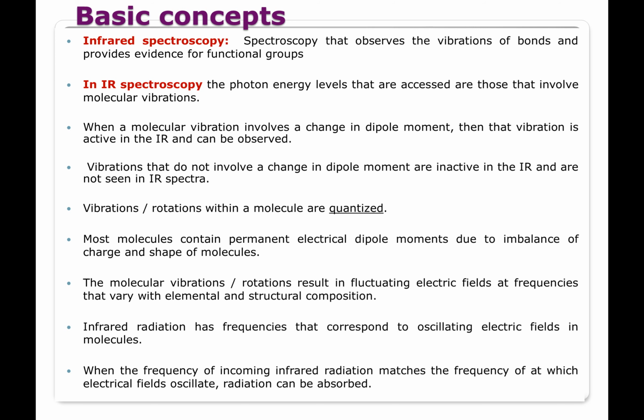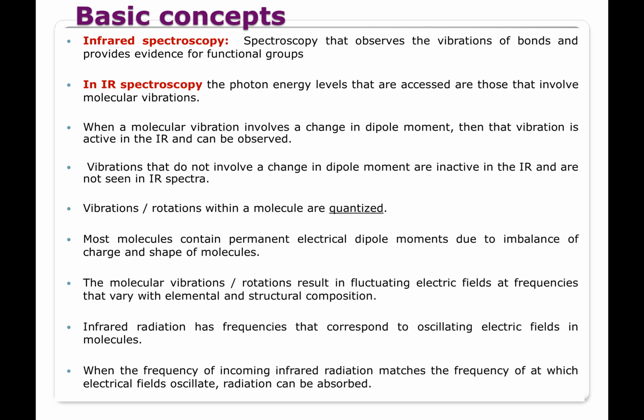vibrations. In IR spectroscopy, the photon energy levels that are assessed are those that involve molecular vibrations, and these molecular vibrations correspond to certain energy levels. So when a molecular vibration involves a change in the dipole moment, then that vibration is active in the IR and can be observed.